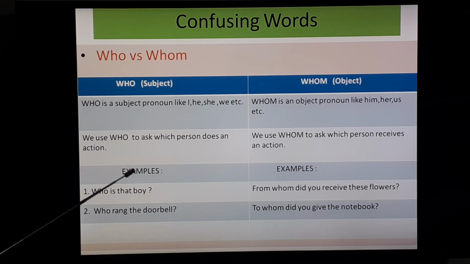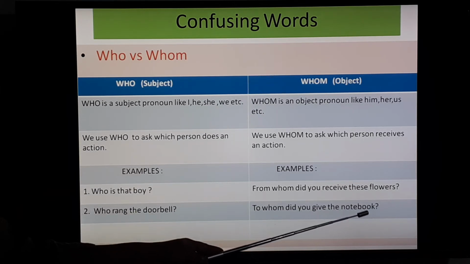Examples are mentioned. First, who is that boy? And who rang the doorbell, for example. So here you can answer, the peon rang the doorbell. So the peon, that is the answer. That is the person. That is why who is asked here. Then whom. To whom did you give the notebook?